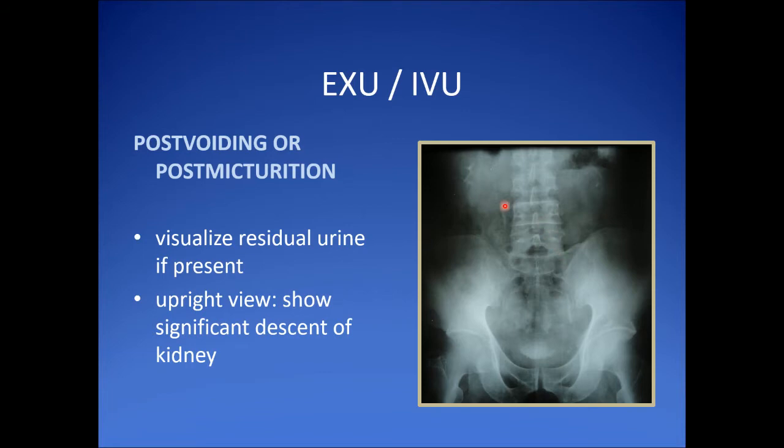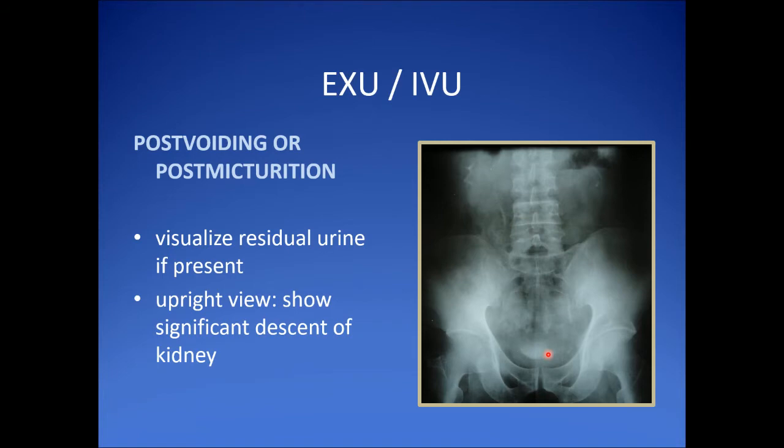And then after the cystogram, we have the post-voiding or the post-micturition phase. Here we let the patient void for us to know the presence of any residual urine, if it is significant or not.